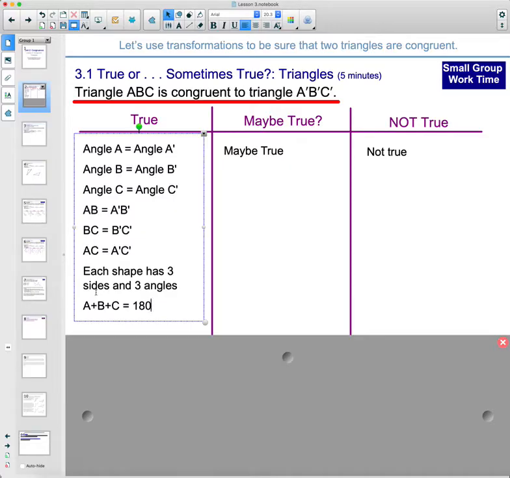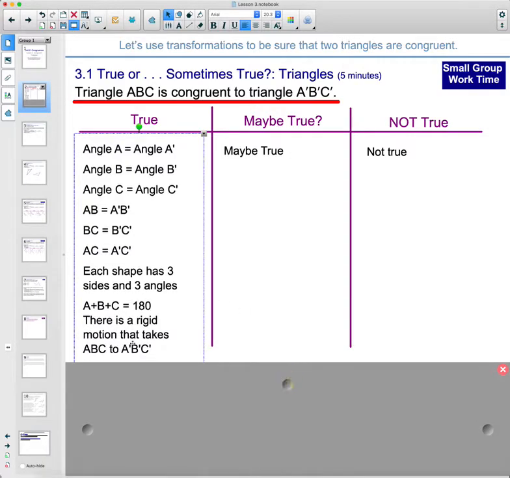You would also know from them being congruent that there's a rigid motion that takes ABC to A prime B prime C prime. Because they're congruent, that for sure happens, that there's a rigid motion that would take them onto one another. And you may have come up with more.